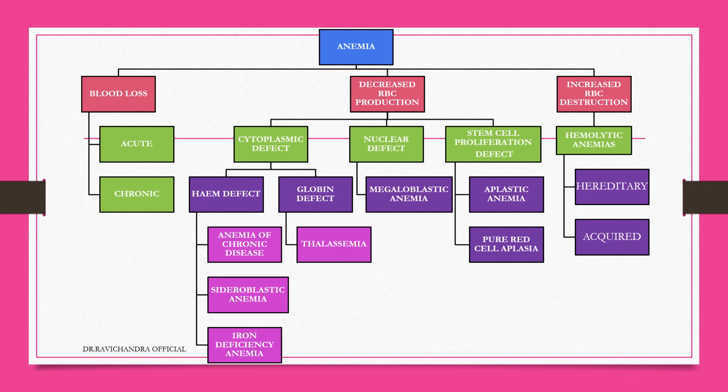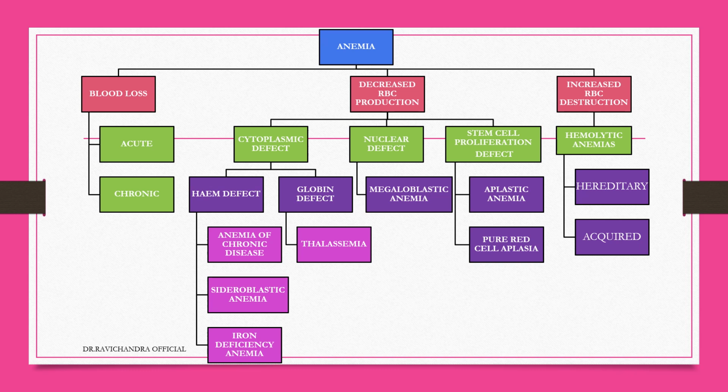Megaloblastic anemia is due to decreased RBC production because of the nuclear defect. Aplastic anemia and pure red cell aplasia are stem cell proliferation defects that end up in decreased RBC production.